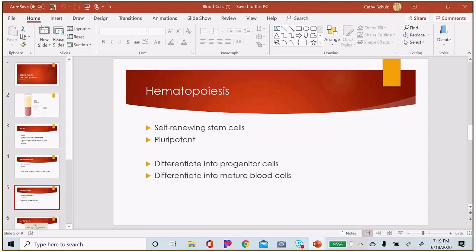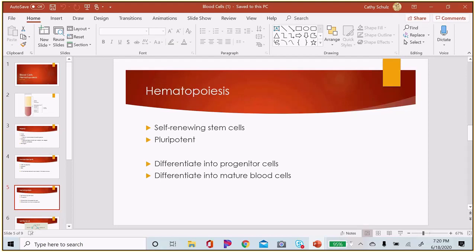But stem cells themselves in our adult bone marrow can become and differentiate into progenitor cells, which could end up becoming red blood cells, all the different types of white blood cells, and platelets.